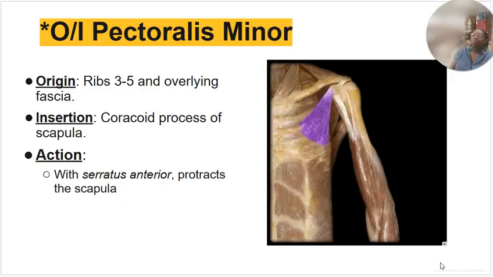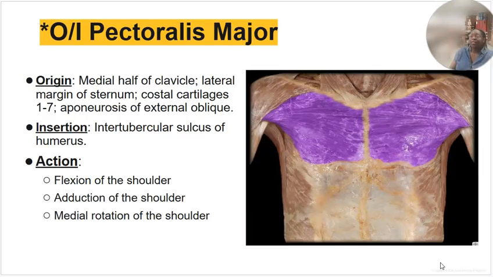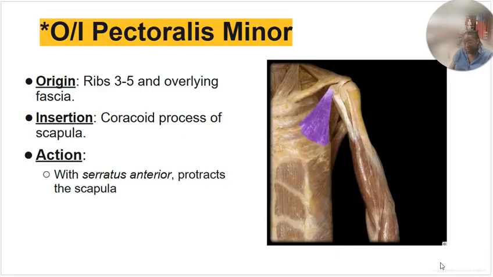Now remember, pectoralis major is inserting on the humerus, whereas pectoralis minor is going to be inserting on the scapula. So two separate bones. Remember, the coracoid process is that kind of crow-shaped extension near the acromion of the scapula, right? So that right there, that coracoid process of the scapula.